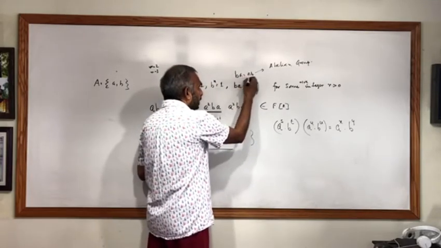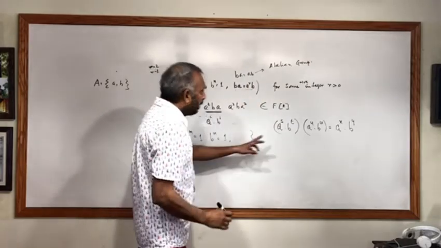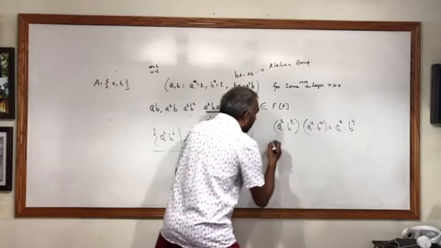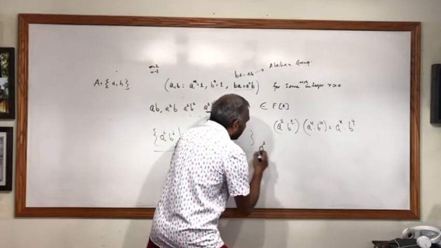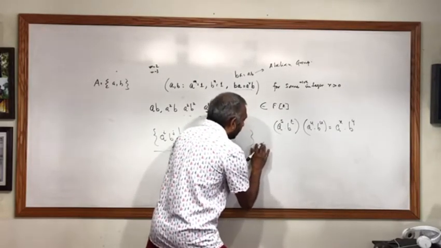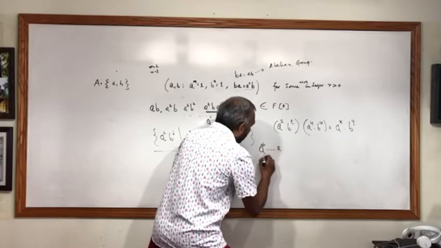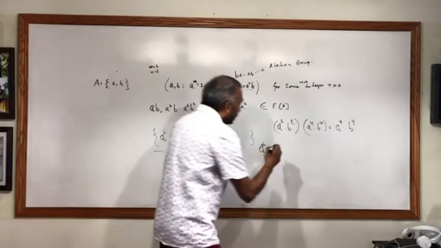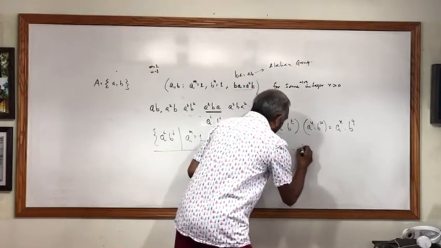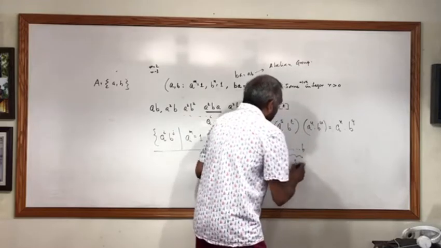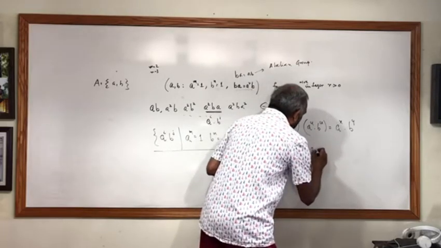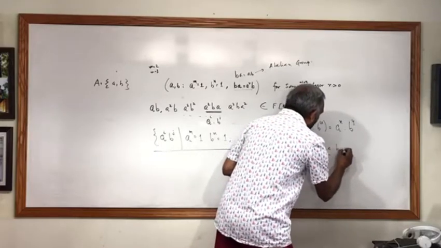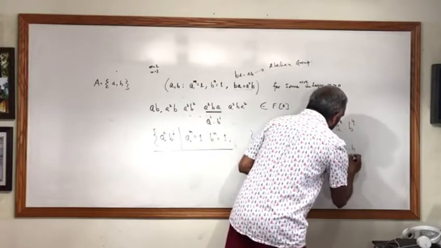It could be like this also, then it will be an abelian group. See, if you do like this, what happens here? a^s, meaning a concatenated s times, then b t times, then we have a u times, then we have b v times.